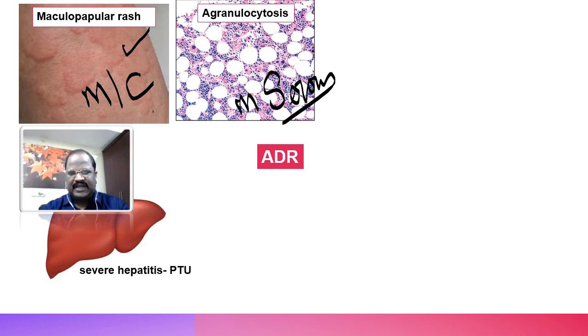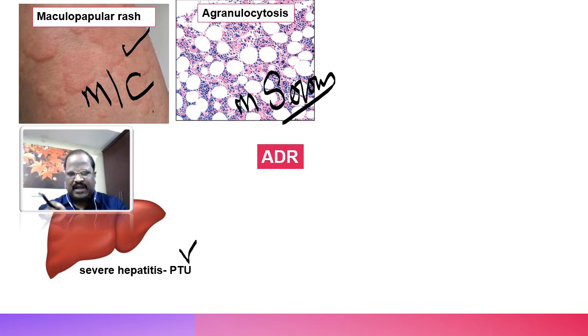Then propylthiouracil has a unique problem: it causes severe hepatotoxicity. Among the thioamides, propylthiouracil has strong hepatotoxic problem, and sometimes they also cause SLE and vasculitis.